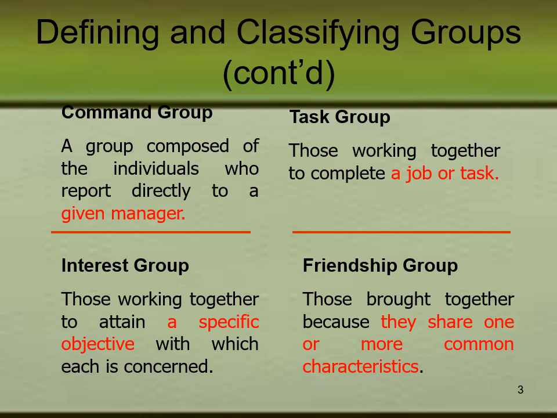Katalah, for example, the group you form to go to Bali for that vacation. Once the vacation is over, then there is no more group. Once the fishing tournament is over, then there is no more fishing group. But for the friendship group, you will stay in that group forever, as long as you still have the same characteristics as the other members.